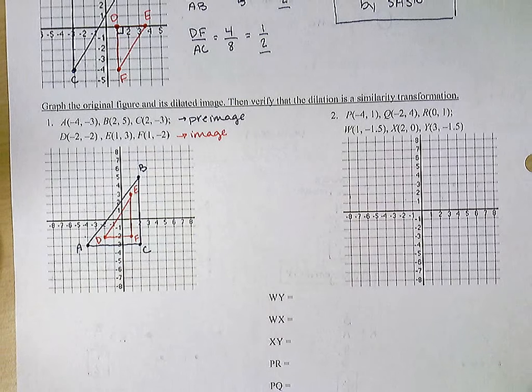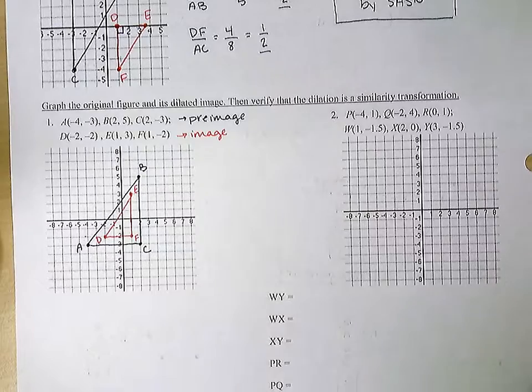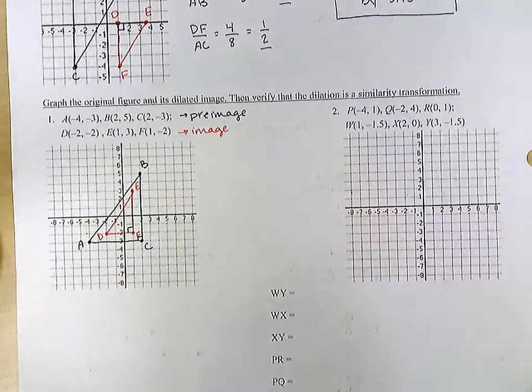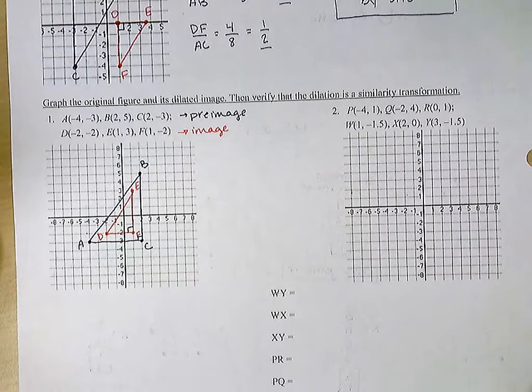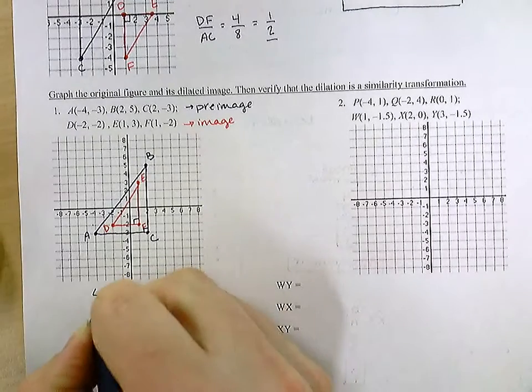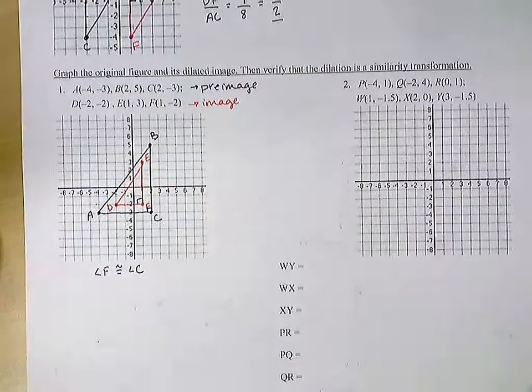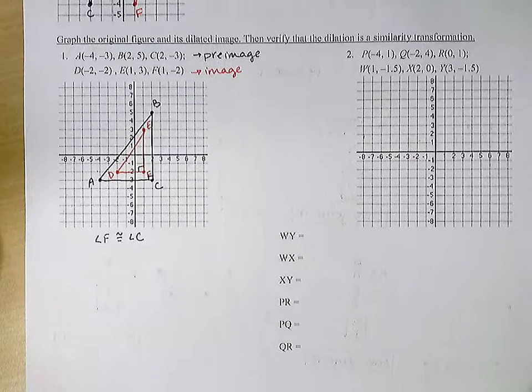Alright, so for this first one, I have my two figures drawn in. With these, again, I have this 90-degree angle. So I have angle F is congruent to angle C. So that's the first part I needed there.